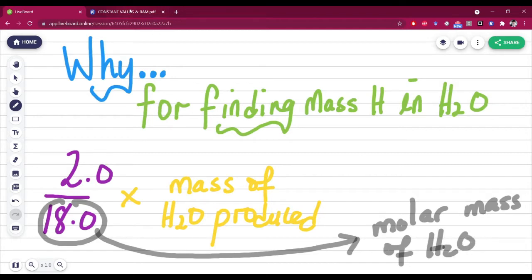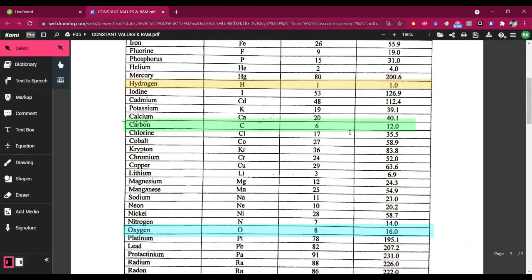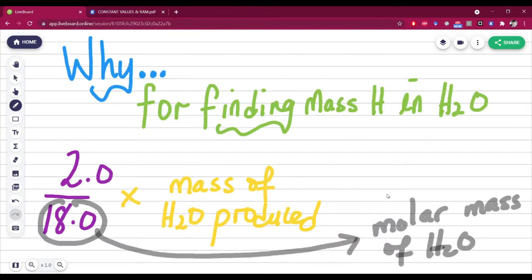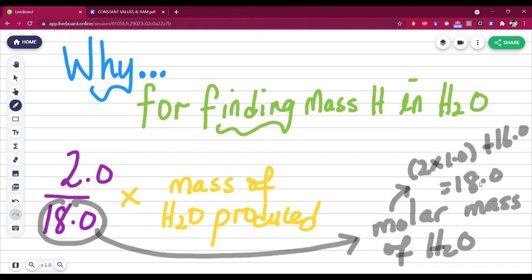Okay, if we go back to the table over here, hydrogen is 1. As you can see here, hydrogen is 1. And then oxygen is 16. Okay, oxygen is 16 right here. So the molar mass of water is 2 times 1 plus 16, and you get 18.